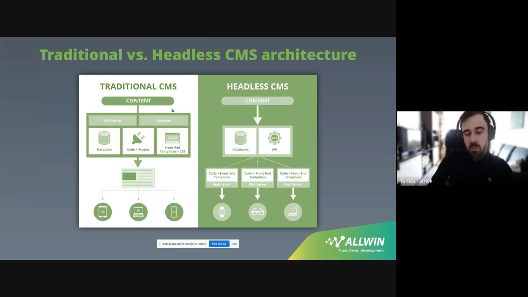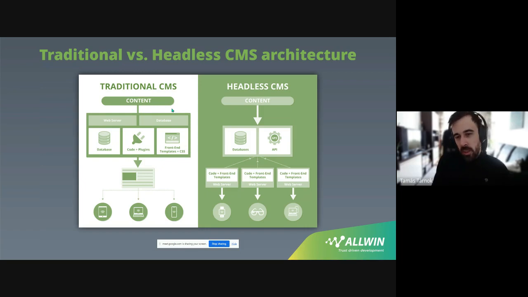So here we have a direct connection from our application to the CMS database, whether it's the front end or the authoring interface. Then we can serve this data, basically HTML which we usually render on the server side, to different devices.